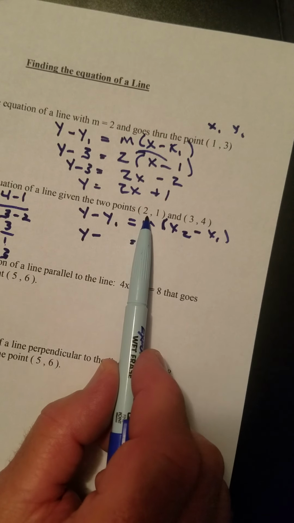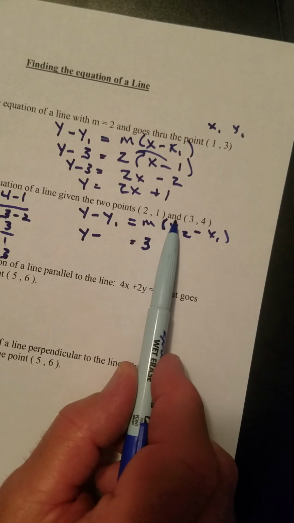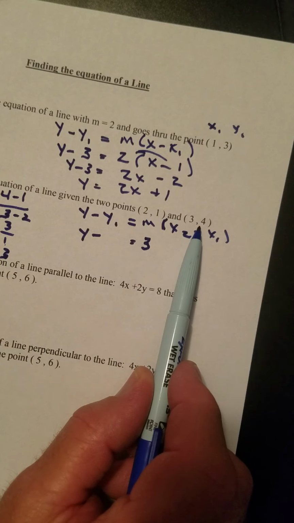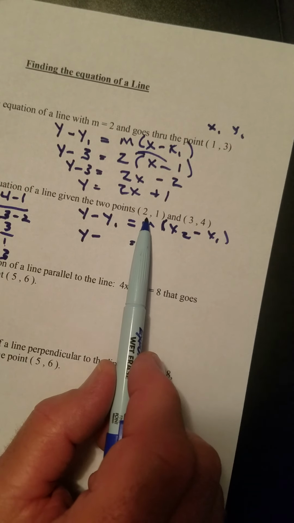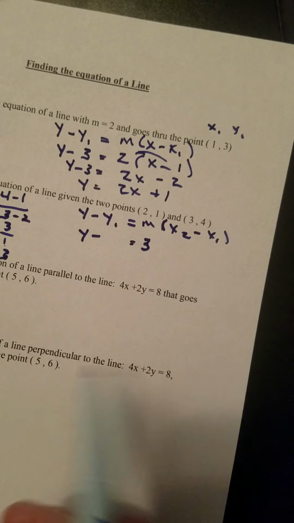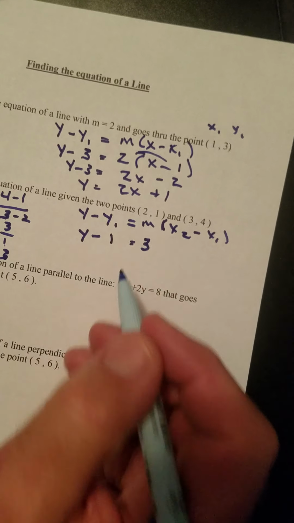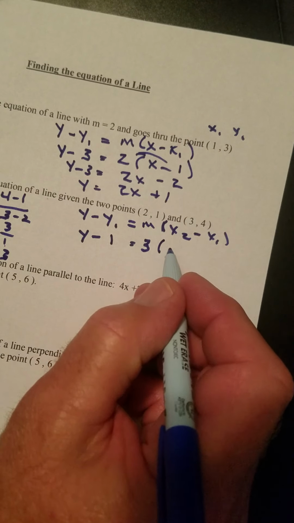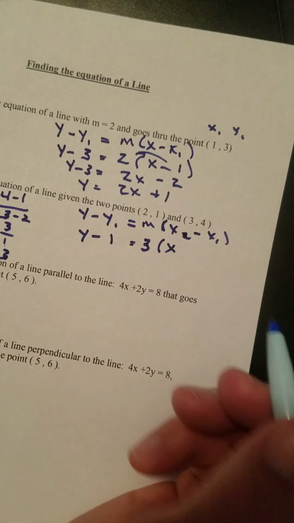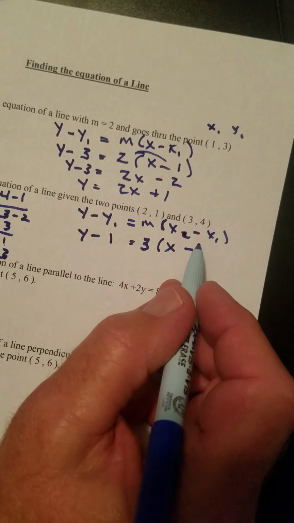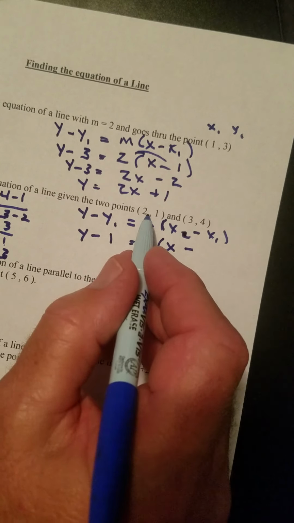You could use this point, (2, 1), or you could use this point, (3, 4). I usually look and say which one's easier. If that's the case, that would be this number here. So I'm going to use (2, 1). The y value is 1, so it's y minus 1 equals 3 times, I don't know why I put the 2 in there, I'm sorry, minus, what was the x value? 2.